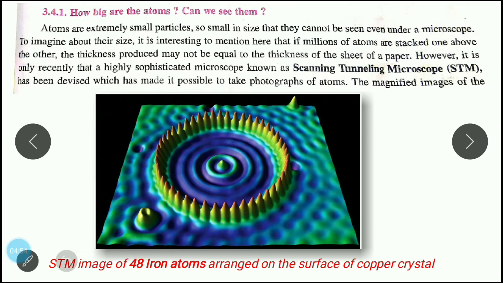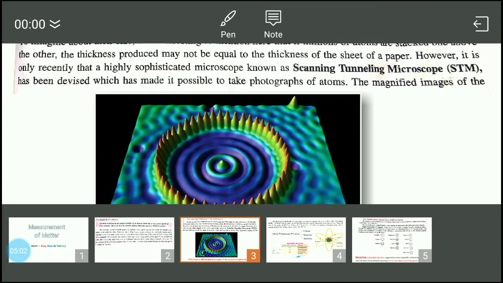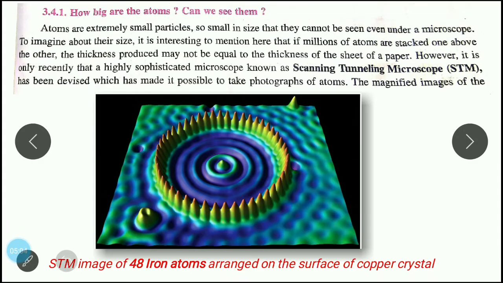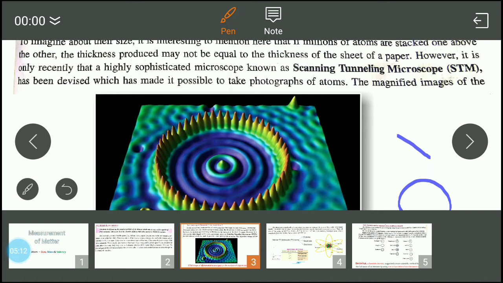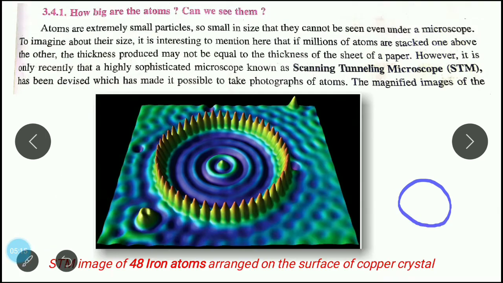So let's move ahead. Many of you may be wondering what an atom looks like. You will be surprised. What we represent in our textbook like this, my dear friends, is not exactly how an atom looks. This is just a representation we use. Atoms are extremely small particles, so small that they cannot even be seen under a microscope.